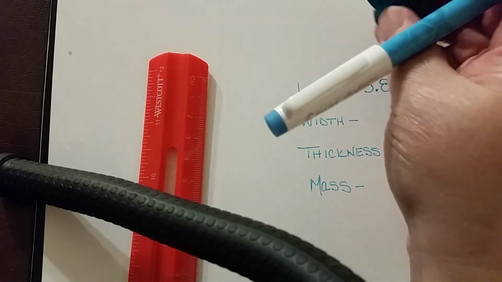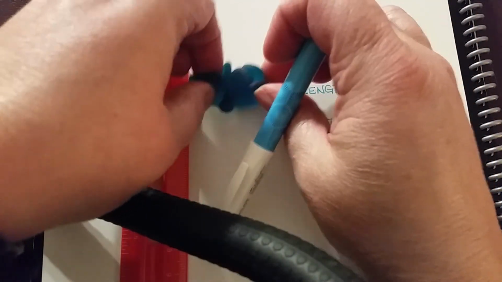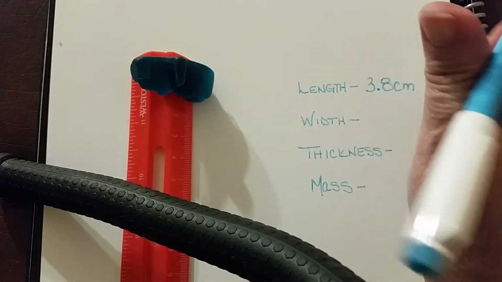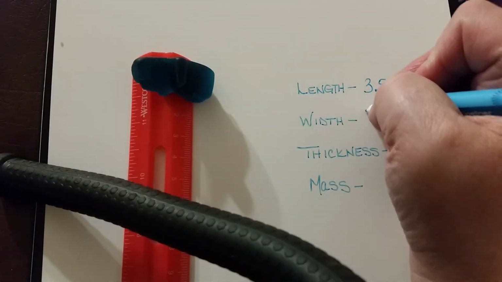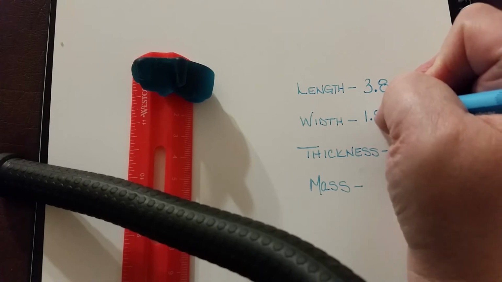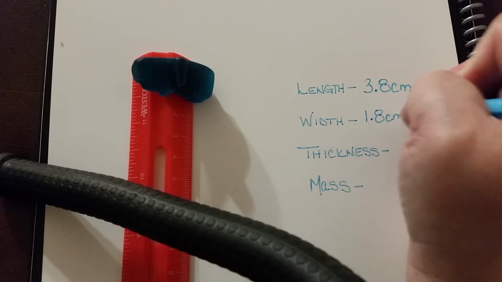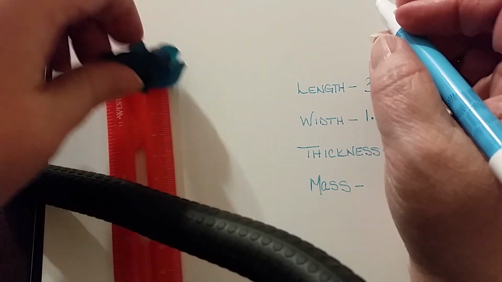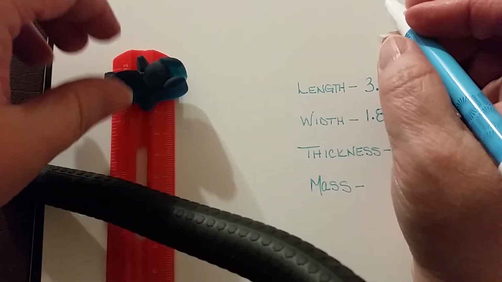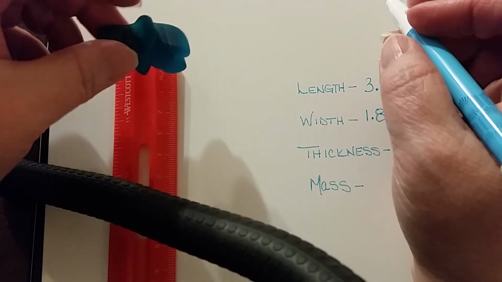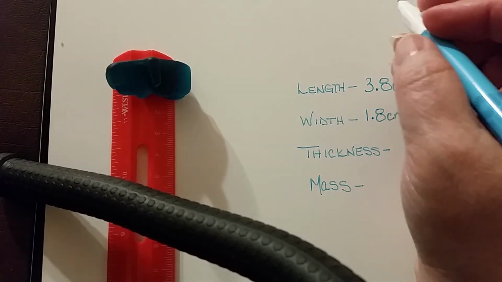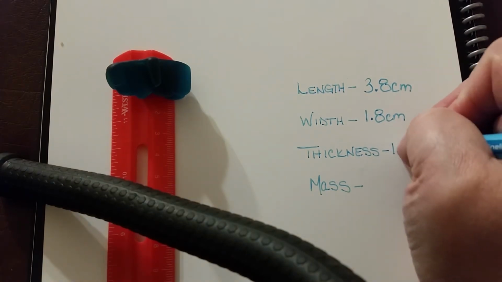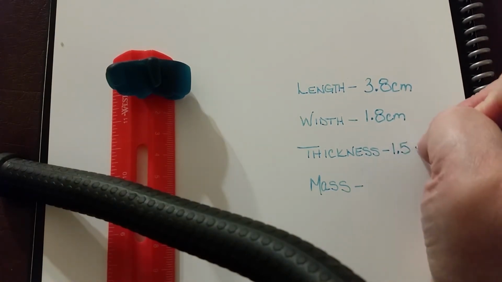His width, sorry, his width is this way, and that's 1.8 centimeters. And his thickness is 1.5 centimeters. He's a little skinnier than our other bear.